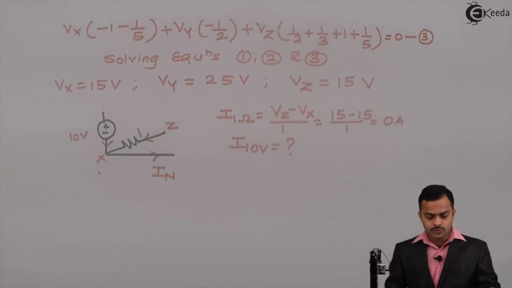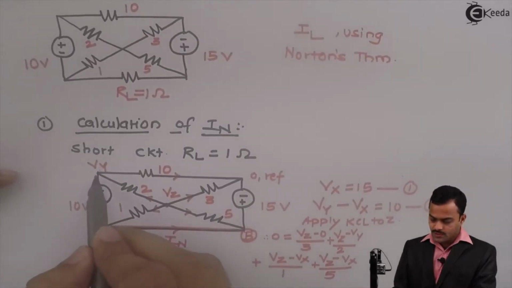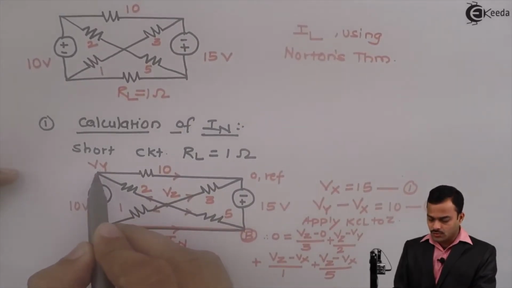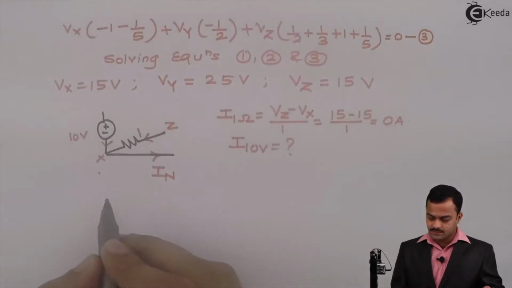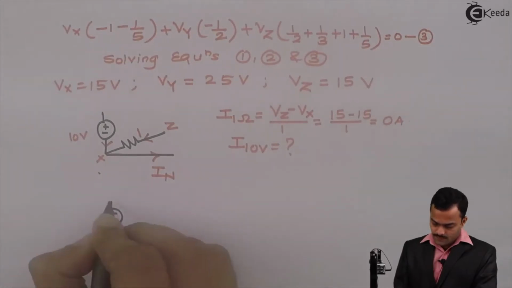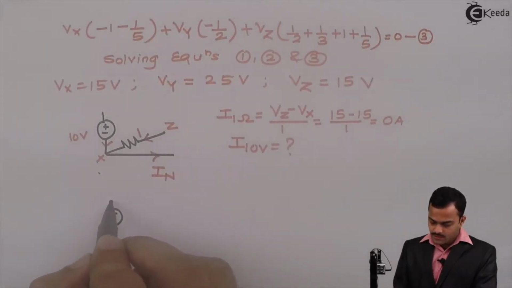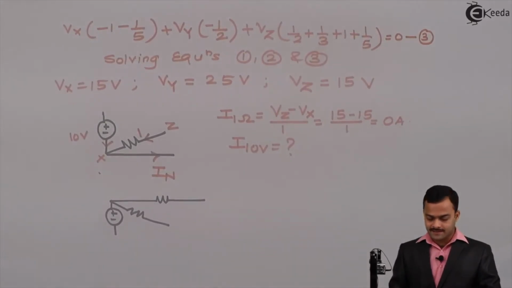For this I need to go back one more step. So here I'll consider this node Vy where 3 elements are connected. So it is like this. This is the Y node having 3 elements connected like this.